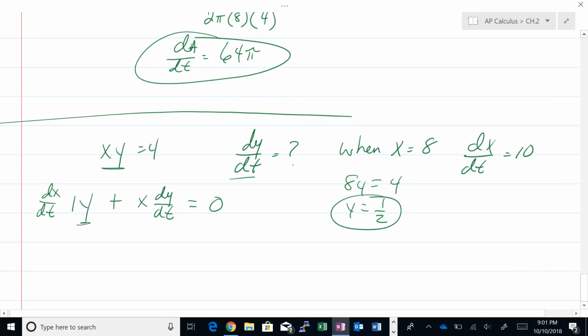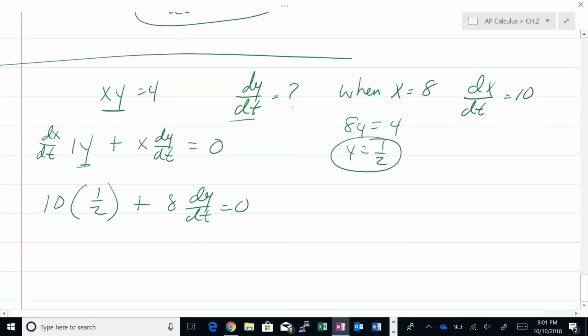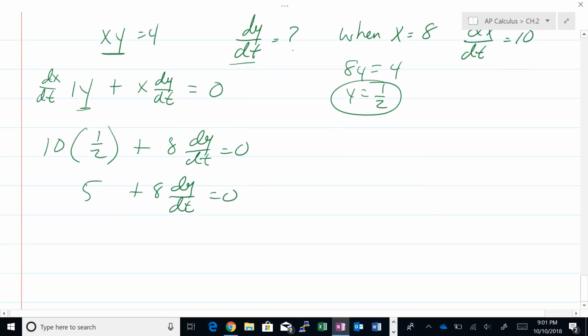So dx/dt is 10, y is 1/2, plus x is 8 times dy/dt, which is what I'm looking for. Half of 10 is 5. I move 5 over, so I get negative 5 over 8.